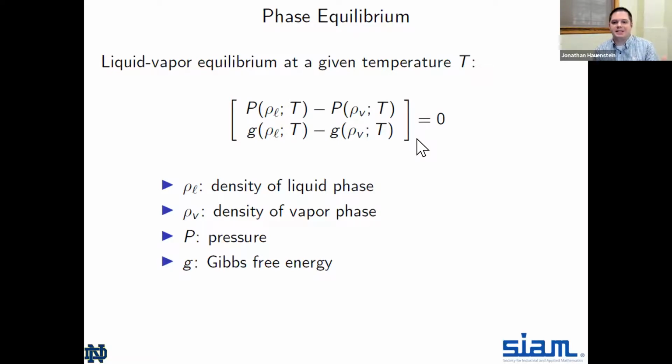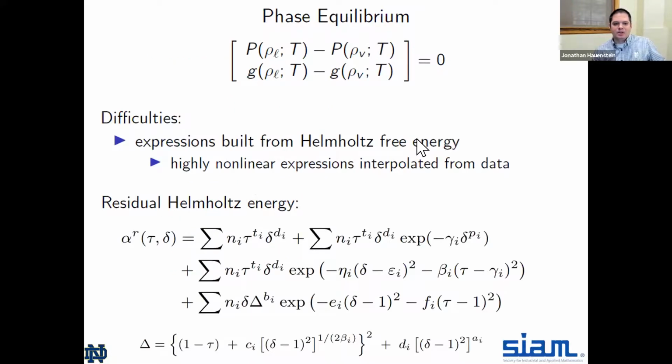It looks innocent enough to say, I want to apply applied algebraic geometry to this system. However, there are a lot of things lurking in the background. The difficulty is that these expressions for pressure and Gibbs free energy are described by the so-called Helmholtz free energy. You have the ideal gas law together with the residual piece, because things don't work in ideal situations in practice.